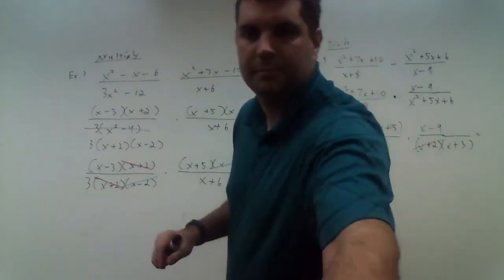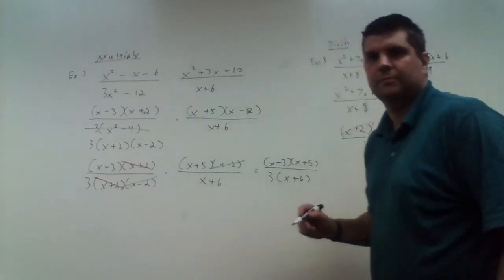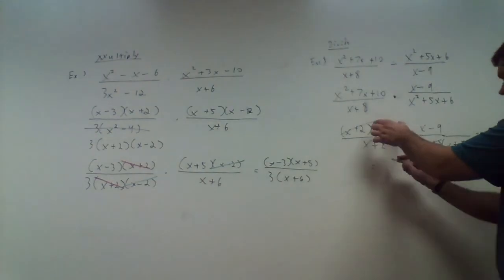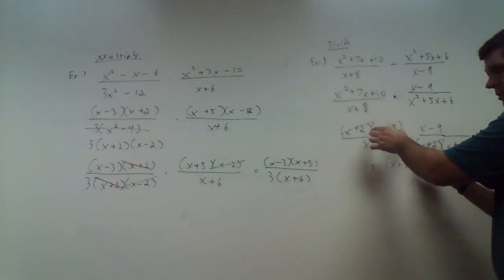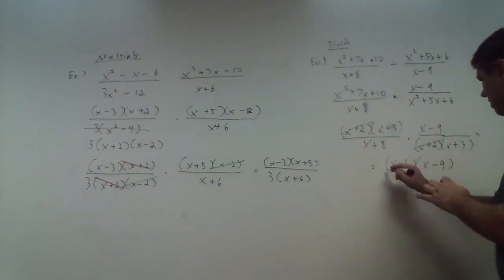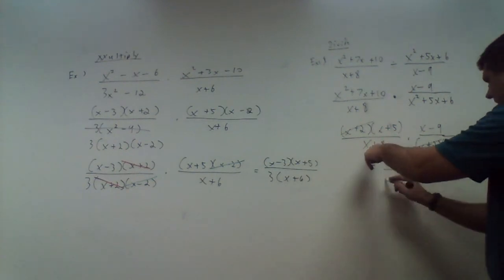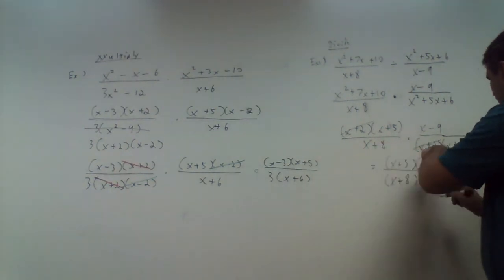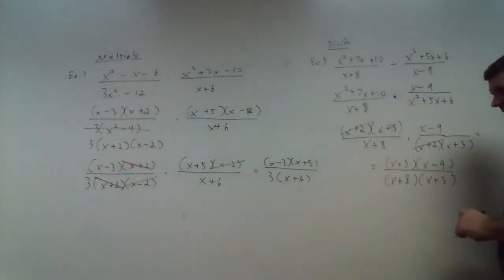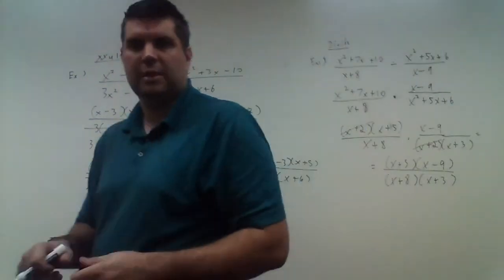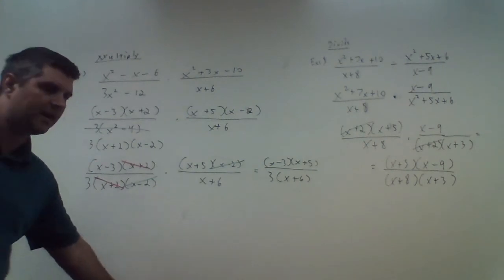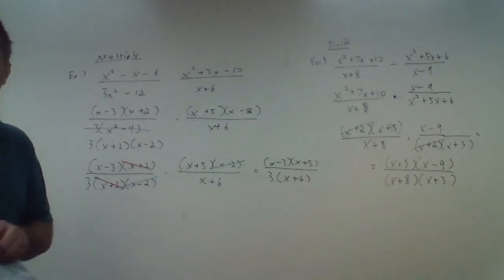And we're going to have the x plus 5 times the x minus 9 in parentheses over the x plus 8 times the x plus 3. Parentheses, parentheses, and we're all done. So that takes care of the multiplication and division.